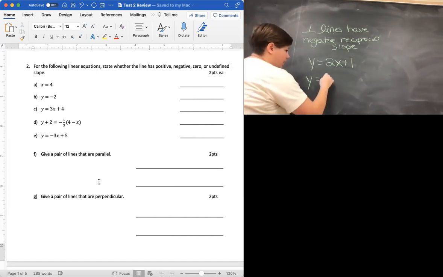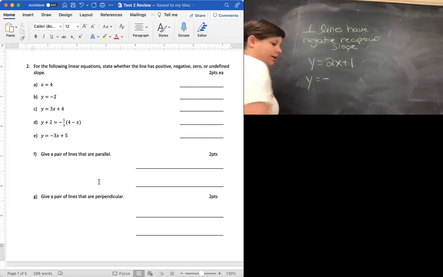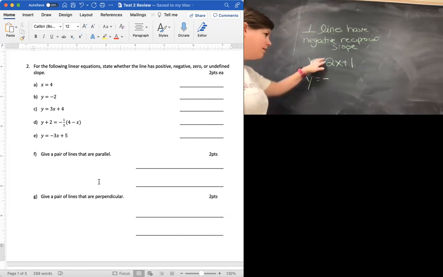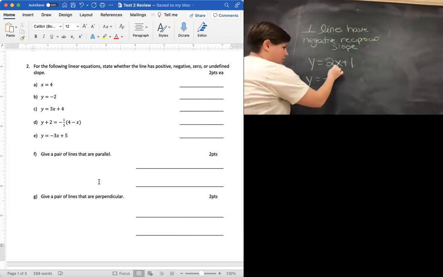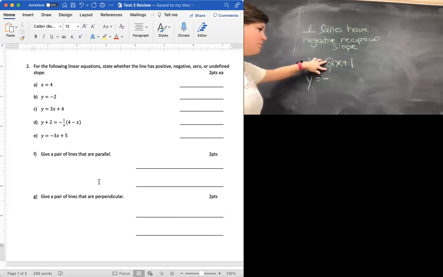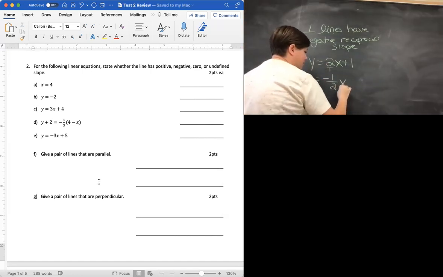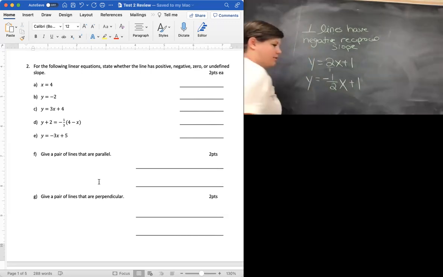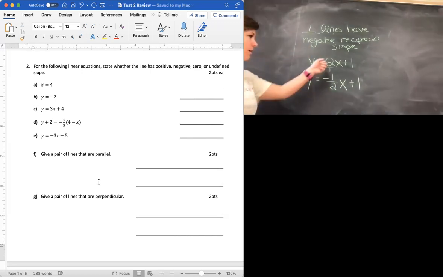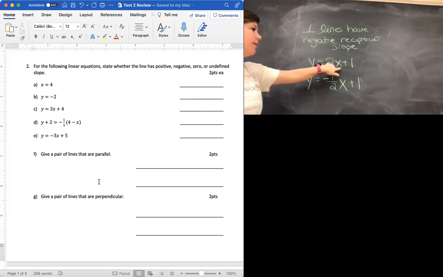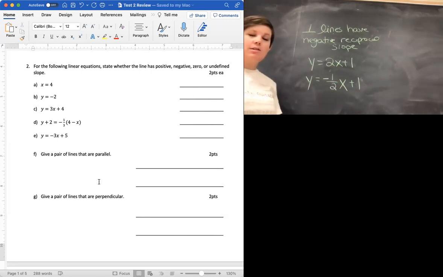Negative automatically tells you if it's positive, you're going negative, and if it was negative, you'd go positive. But then reciprocal means you flip it. So instead of 2, which can be written as 2 over 1, I'd now have negative 1 over 2x. And it doesn't matter what else I put there, because y equals 2x and y equals negative 1/2x are perpendicular to each other.